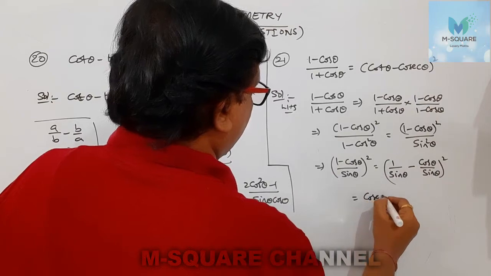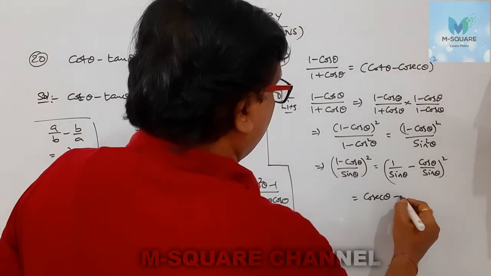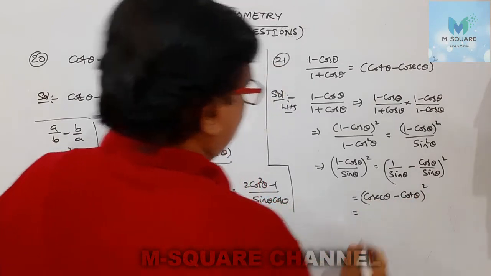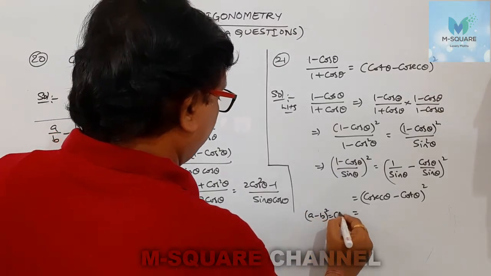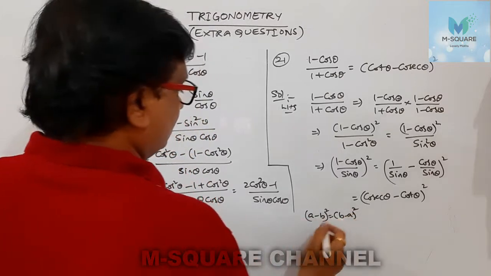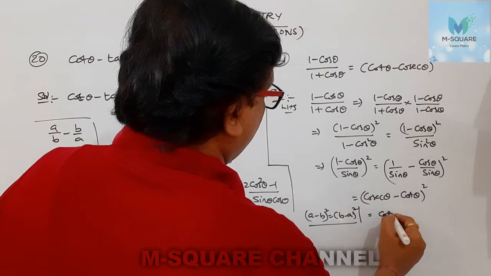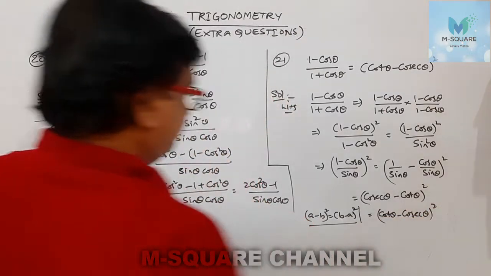So cosecant theta minus cot theta whole square. But already we know that a minus b whole square equals b minus a whole square. This is the formula. Both are the same. So that we are using (cot theta minus cosecant theta) whole square.